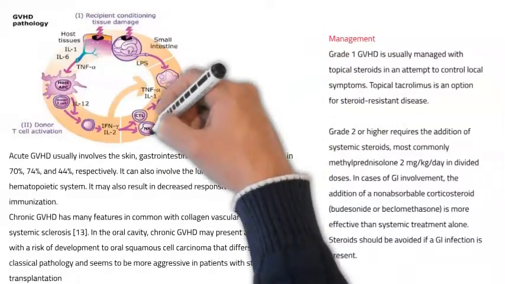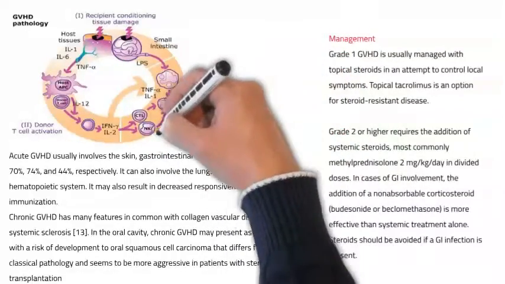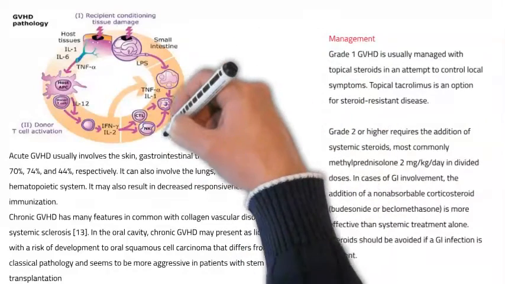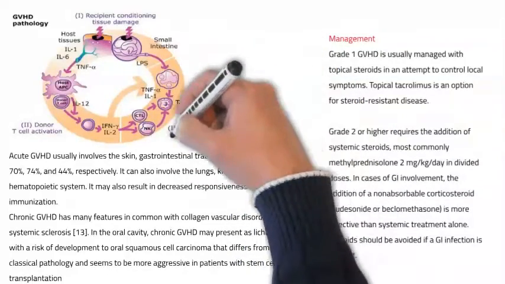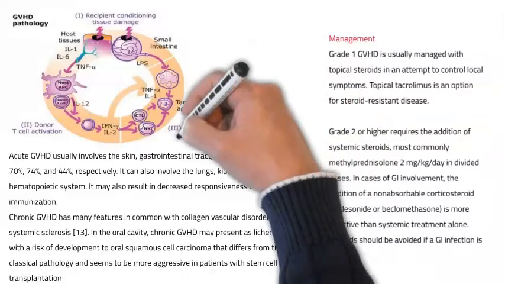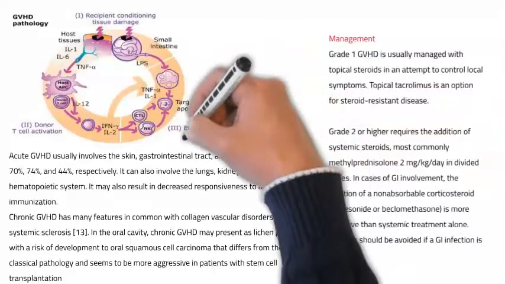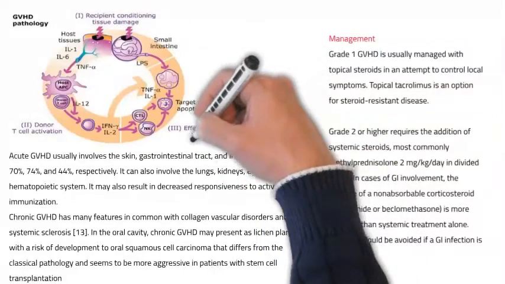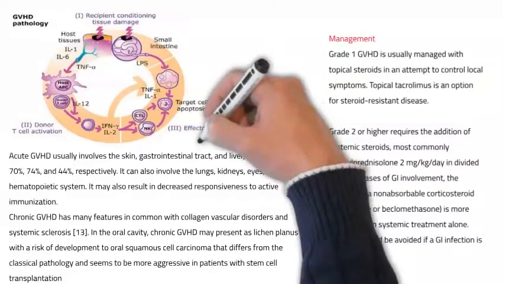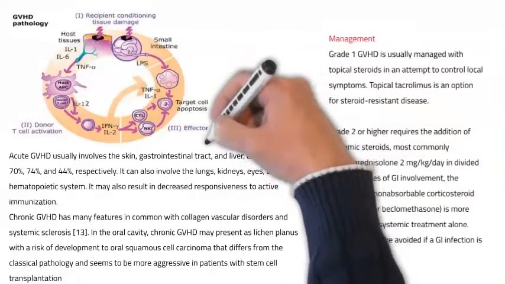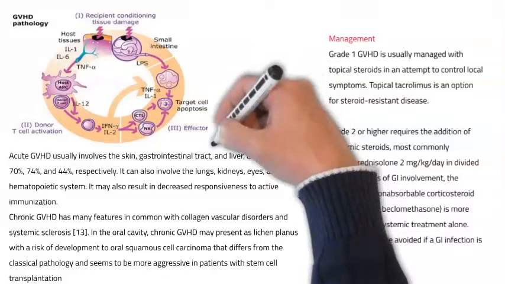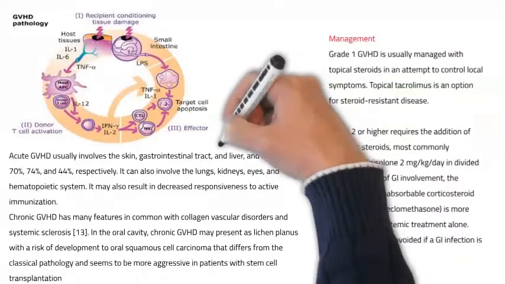In cases of GI involvement, the addition of a non-absorbable corticosteroid, budesonide or beclomethasone, is more effective than systemic treatment alone. Steroids should be avoided if a GI infection is present. Oral lesions are also mostly managed with topical steroids.